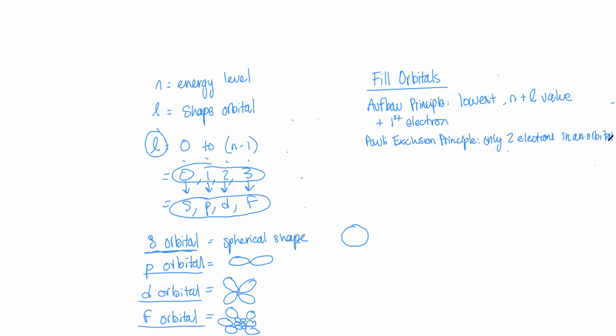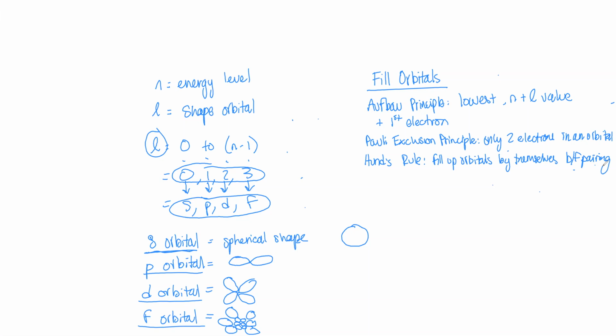Okay, and then the other rule is going to be Hund's rule or Hund's principle. This idea is that those electrons are going to fill up orbitals by themselves before pairing.